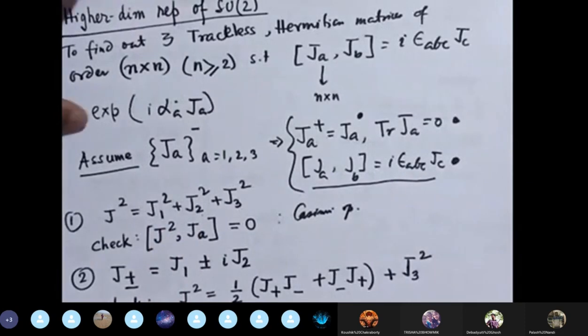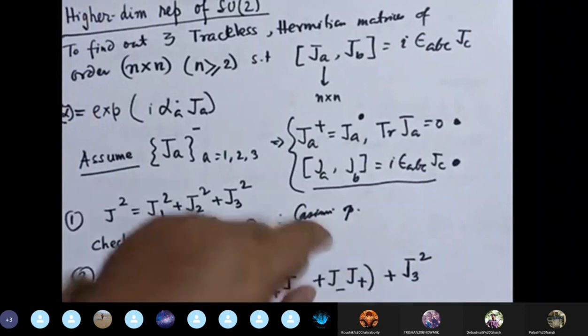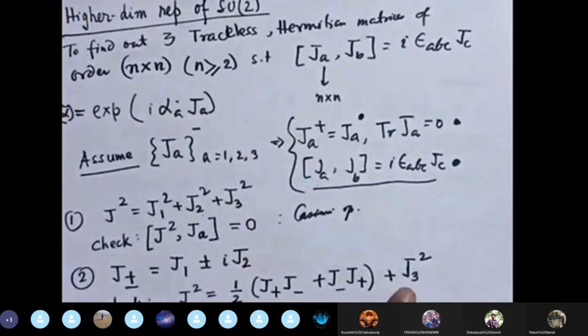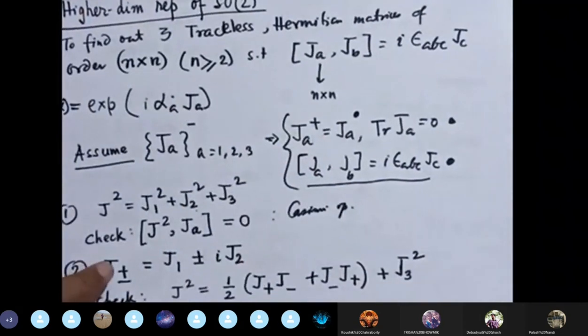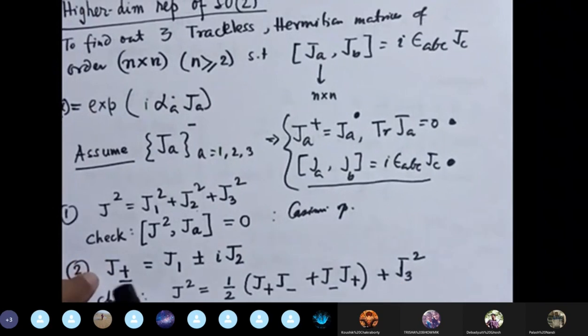Now see, I have three operators. Forget about the Casimir operator J square: J3, and in place of J1, J2, I have taken two different linear combinations of these two.